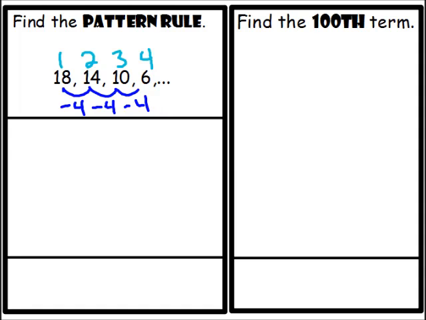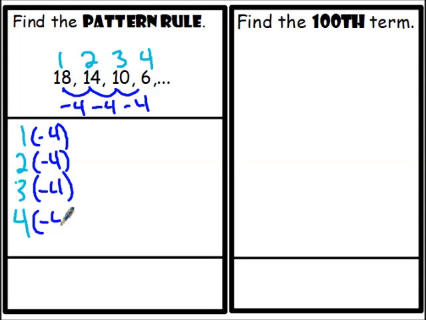So we'll take our term number, multiply it by negative 4, and let's see what we get. 1 times negative 4 is negative 4. 2 times 4 is 8.